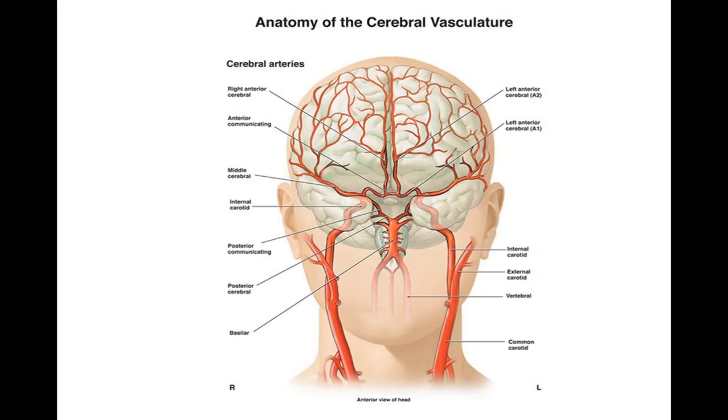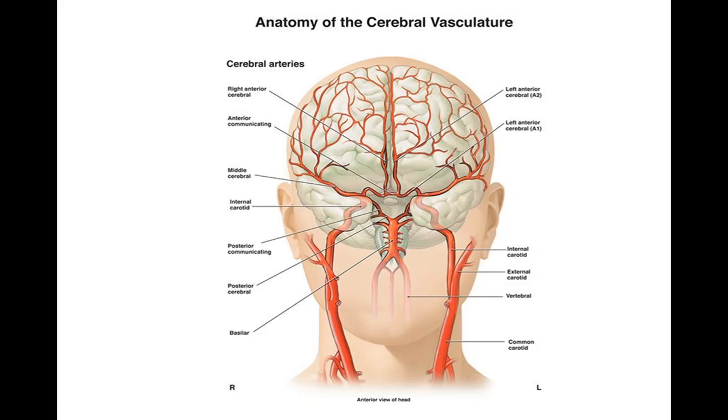And then from the posterior side, the two vertebral arteries enter through the foramen magnum and unite to form the basilar artery, which will also be supplying the brain along with the cerebellum and even the brainstem. This system of vessels we call the vertebro-basilar system.